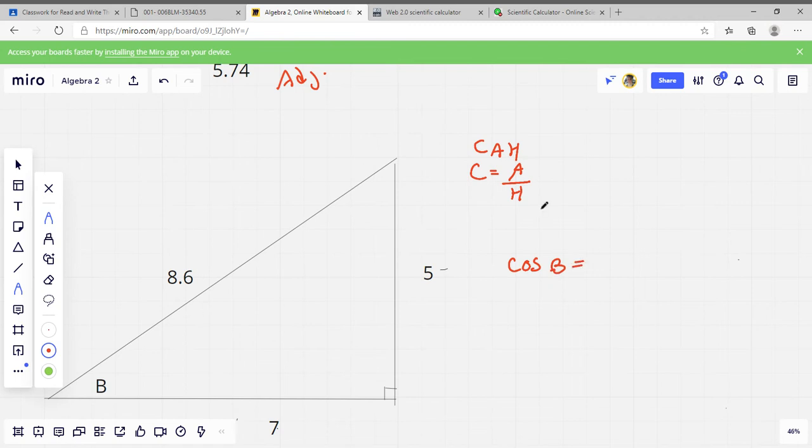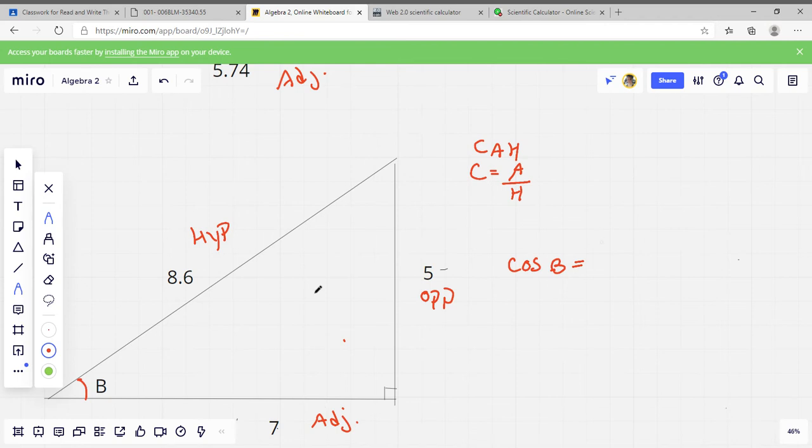So here's B, and our hypotenuse is here because it is across from our right angle. Our opposite would be this one, and our adjacent would be down at the bottom.